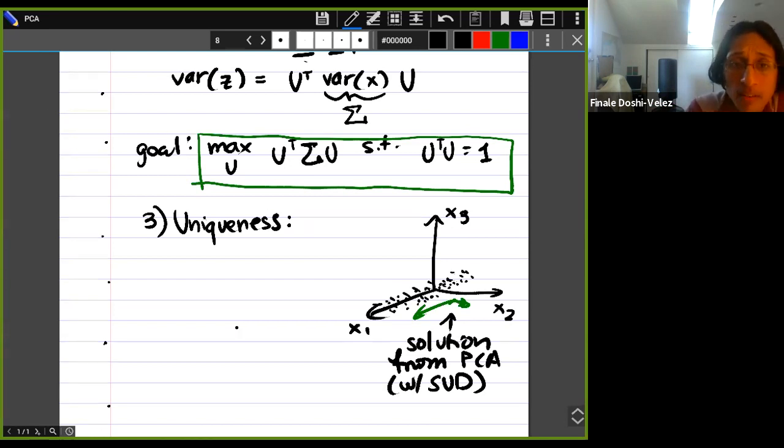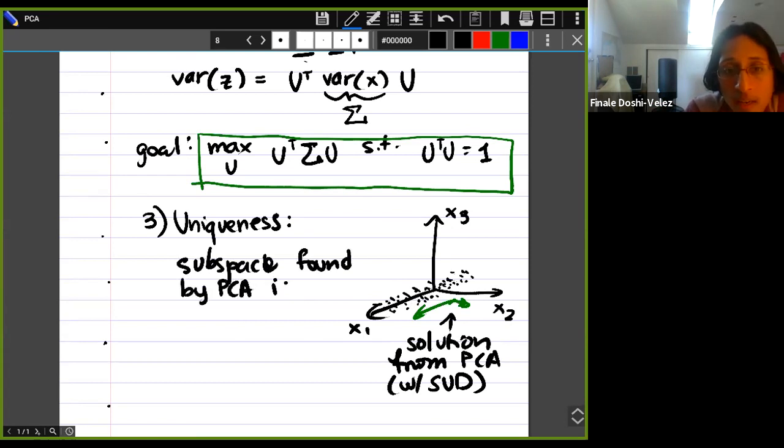However, one thing is that the subspace found by PCA is unique, right? So these two dimensions here are clearly the right dimensions, X1 and X2. This is the plane on which the data lie.